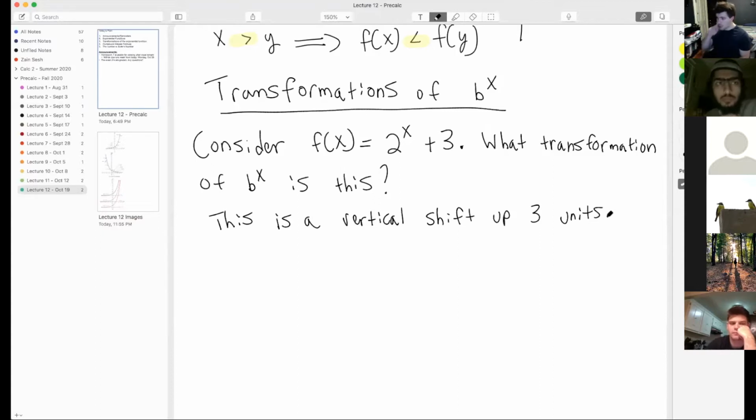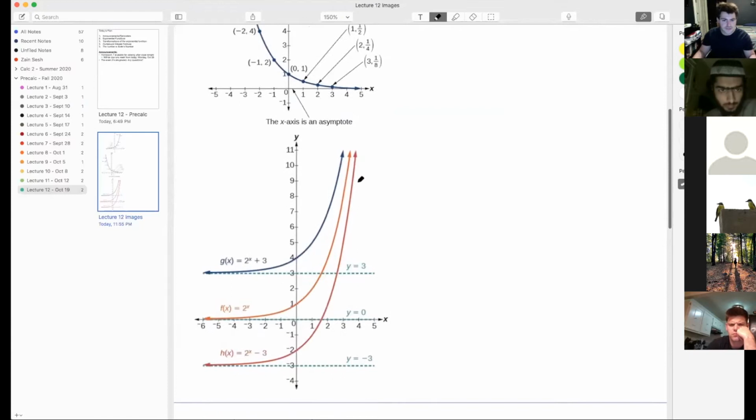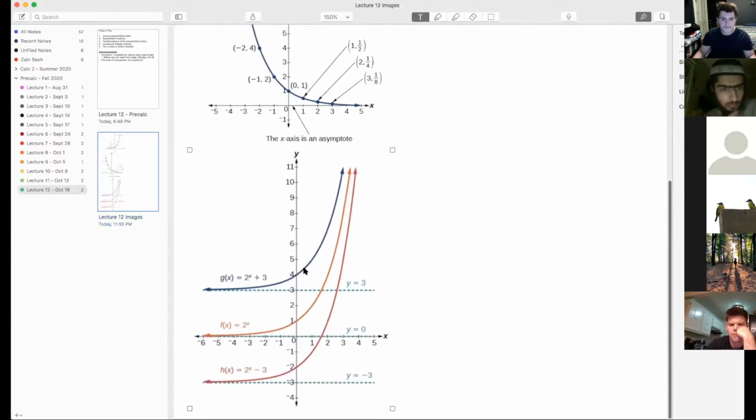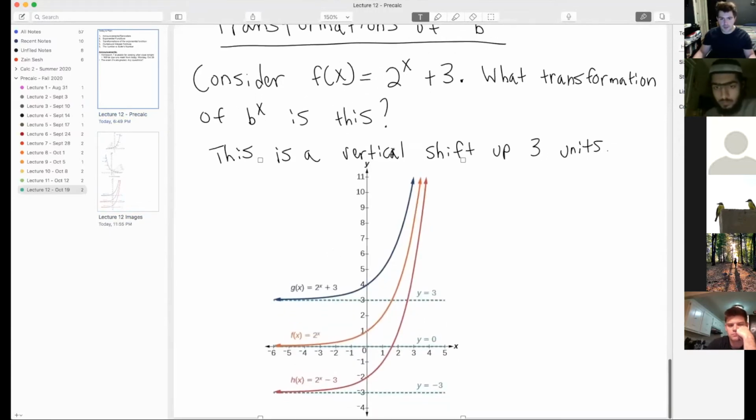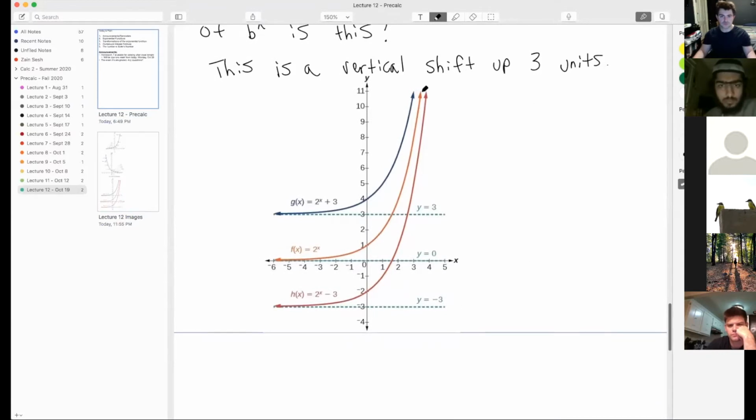All right, now I just have another picture to show you guys. Here I just have various vertical shifts of 2 to the x. So look, this blue curve is 2 to the x plus 3.